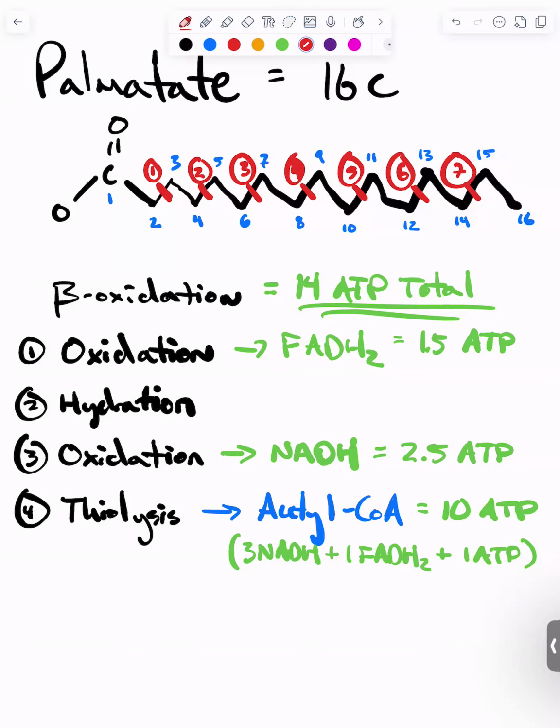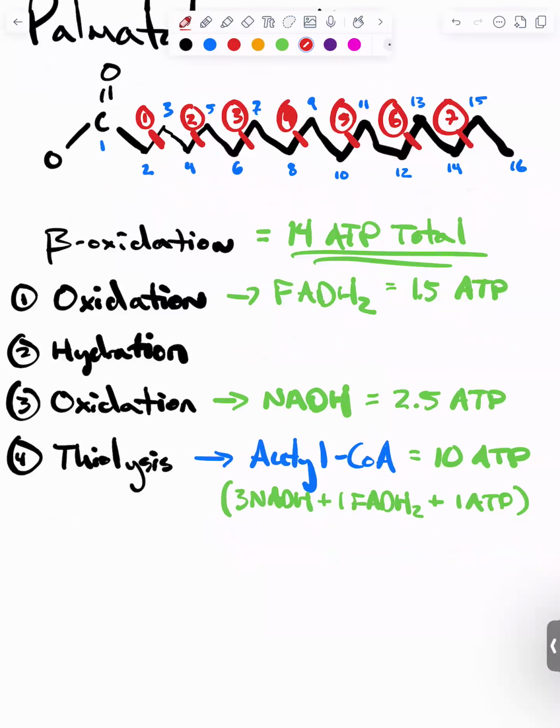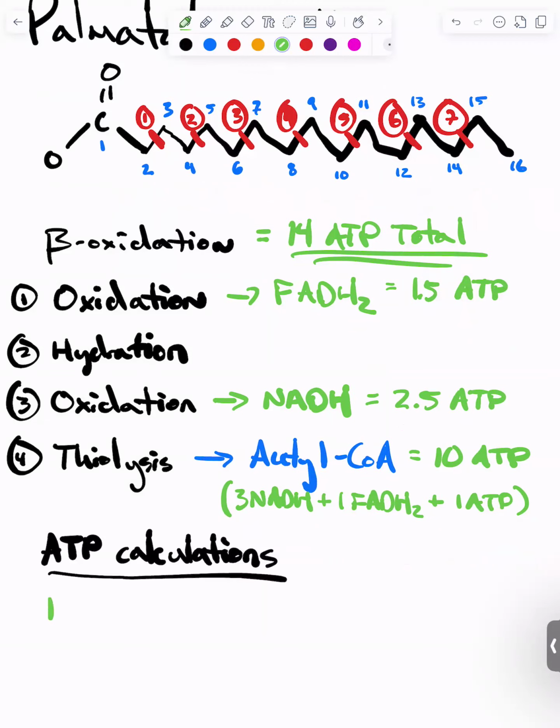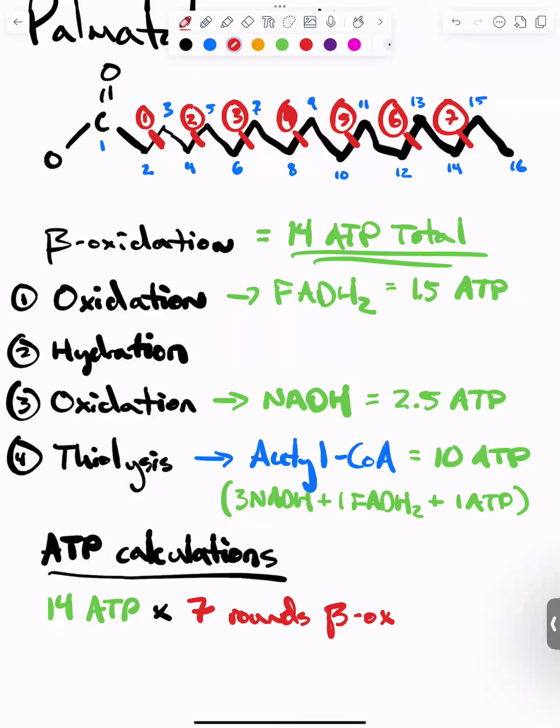And so if we want to do our ATP calculation, we have 14 ATP times 7 rounds of beta oxidation.